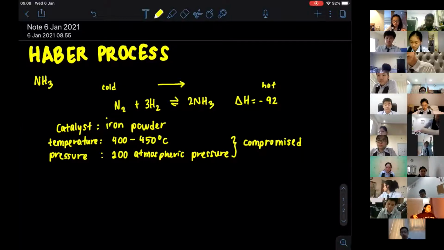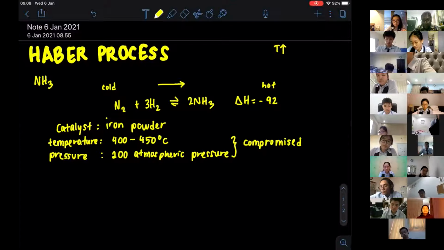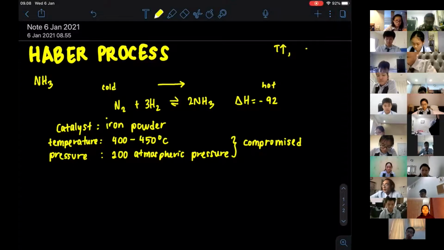If I use high temperature, according to Le Chatelier's principle, you need to bring down the temperature. If you bring down the temperature, the position of the equilibrium is going to go to the left, from hot to cold. We don't want the temperature to be too high.